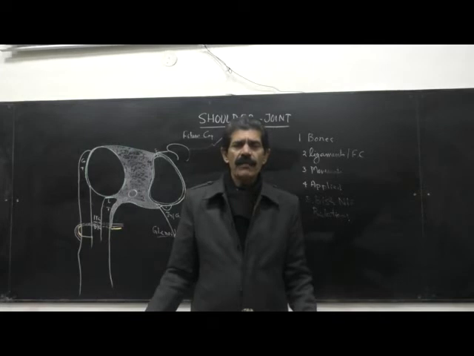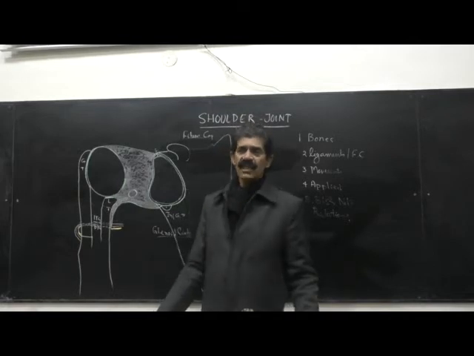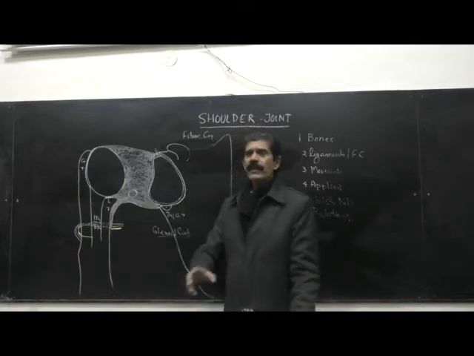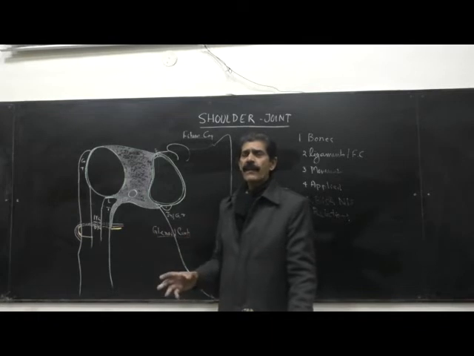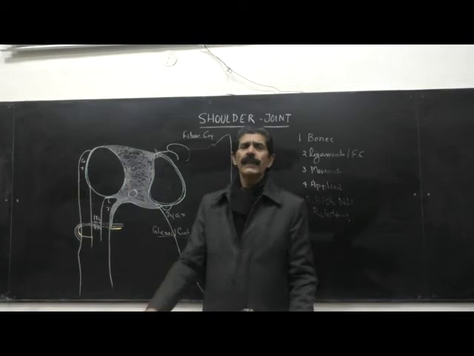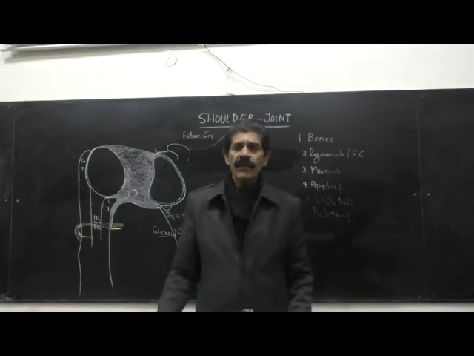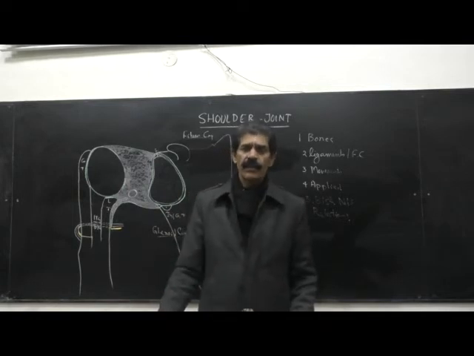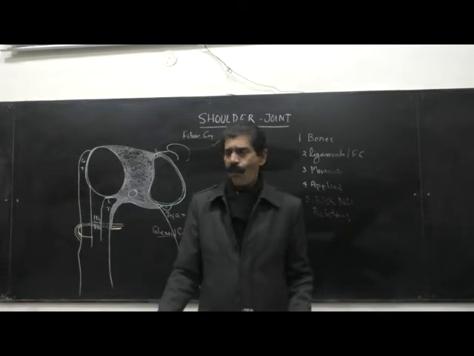The synovial membrane comes out of this foramen in the fibrous capsule in relation to the subscapular tendon, and this is called the subscapular bursa. There are so many bursas present around the shoulder joint, but this is the bursa which has a communication with the cavity of the shoulder joint, that is the subscapular bursa.